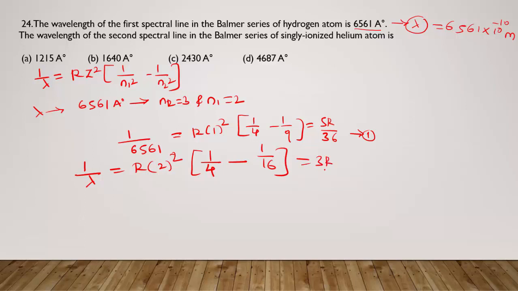This is equal to 3R divided by 4. This is equation number 2. In this case, n1 equal to 2 and n2 is equal to 4. Using these two values, you get 3R divided by 4.